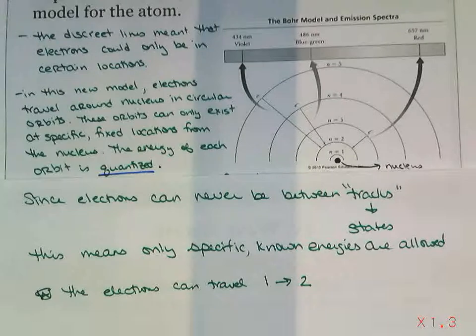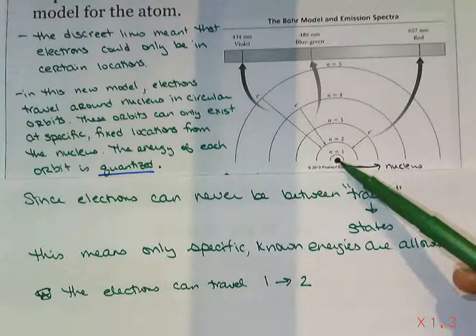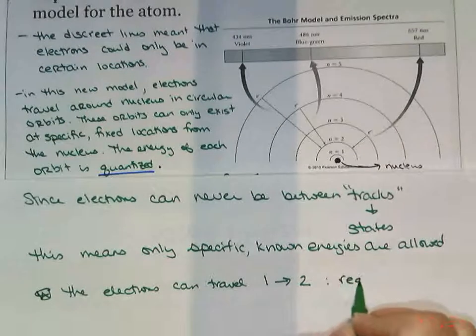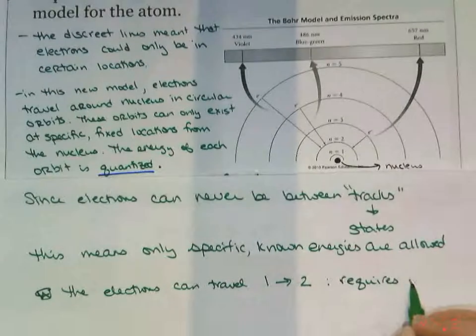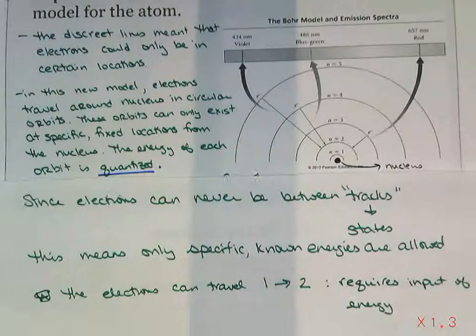For me to be close to the nucleus and then move farther away requires an input of energy. If you think about where the electrons like to be, they like to be close to the nucleus. That way the charge is all balanced. For you to push the electrons from 1 out to 2 requires that you put some energy in to push them farther away.